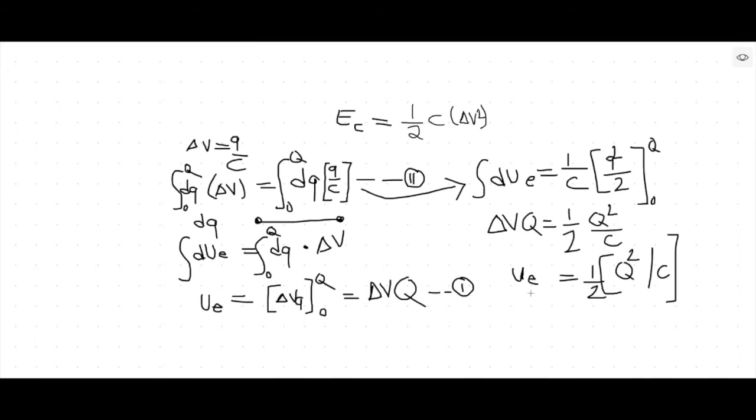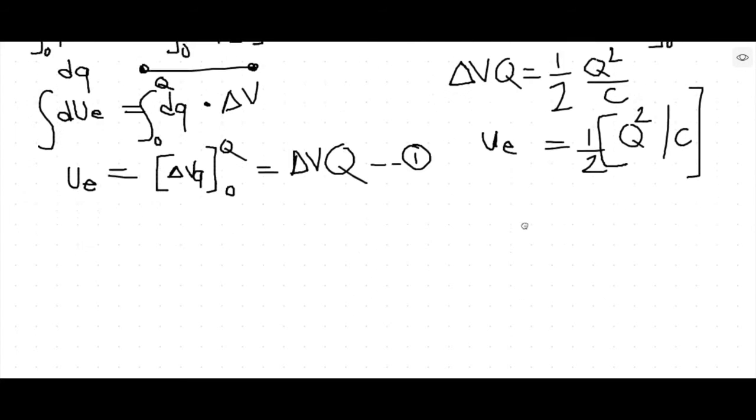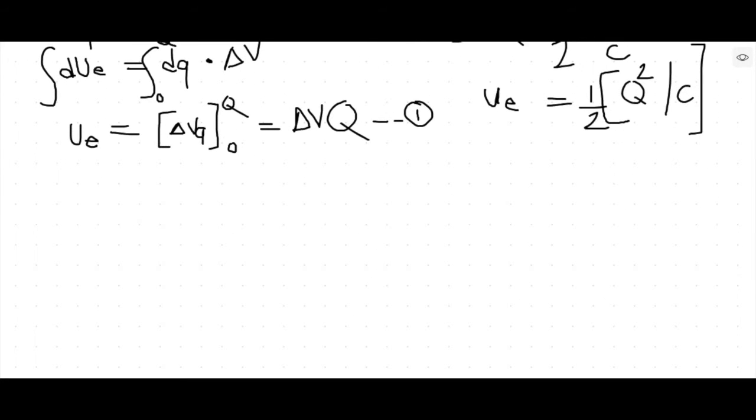My original equation, Q, can be written as C delta V. I can call this equation 3, and we can get the form of the energy stored in the capacitor.